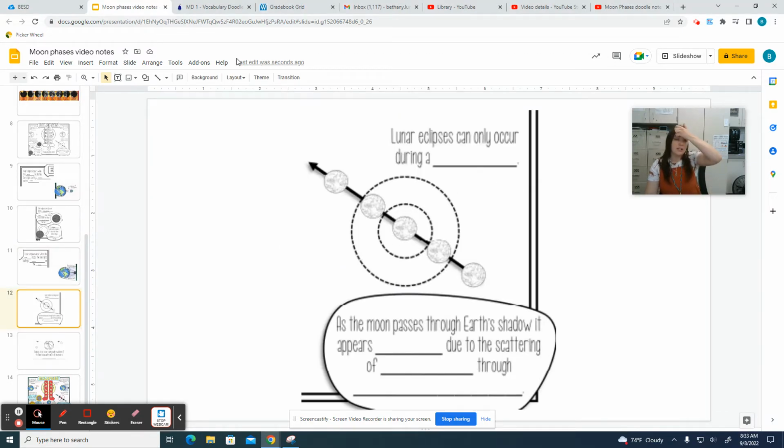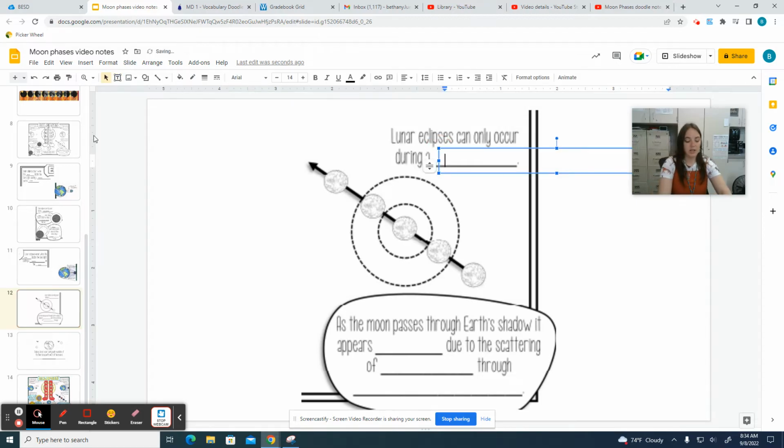All right, now lunar eclipses can only occur during a full moon, all right?